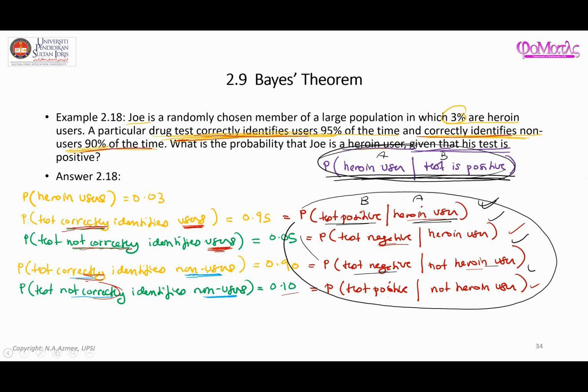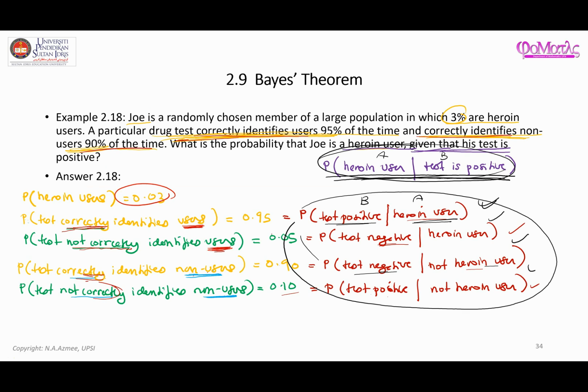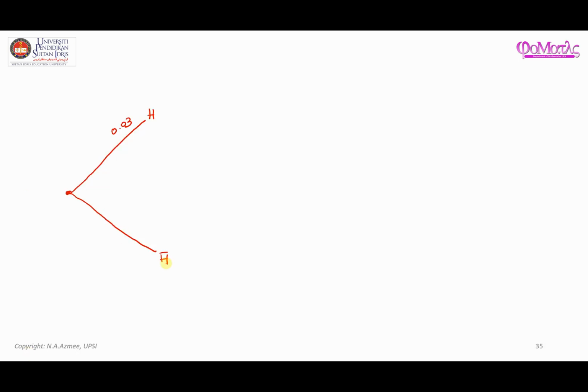These are all the pieces of information that we've got so far, and we're going to consider this part where in the population you could be a heroin user or not a heroin user, and the probability of the person being a heroin user is 0.03, as given in this part. Since this is a complementary event, this one is heroin user, and this one is not heroin user.